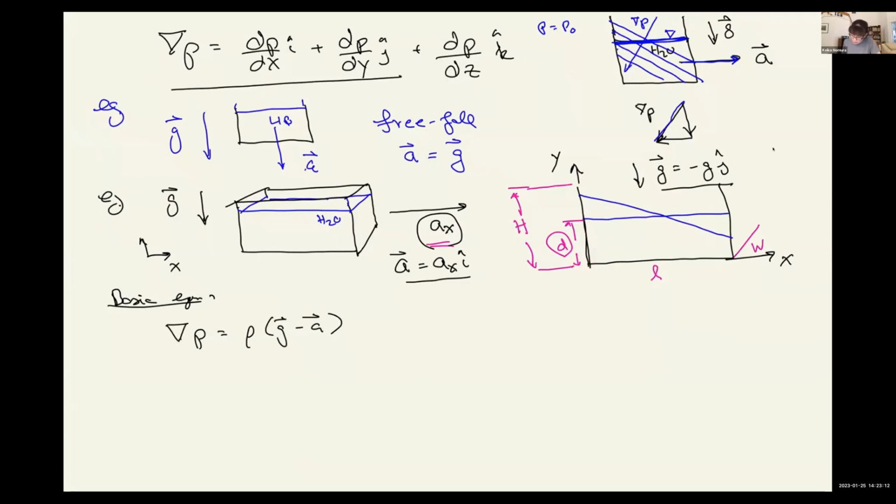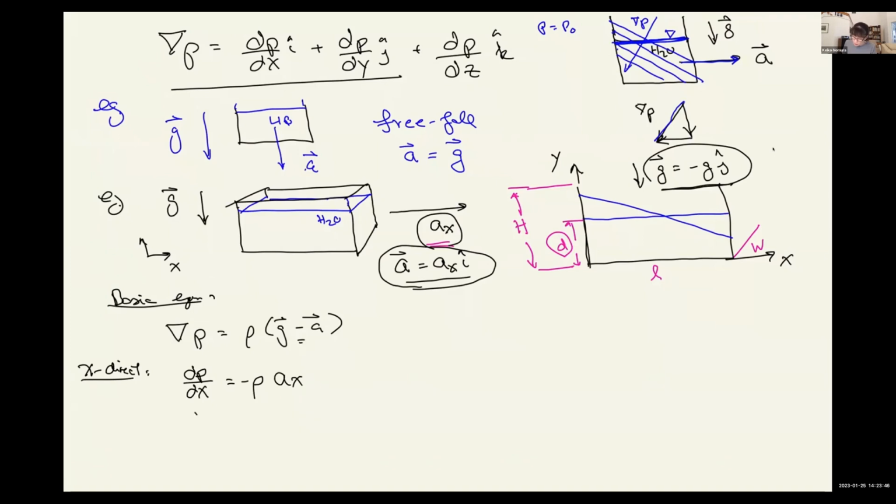So we consider the components. In the X direction, we have our partial P, partial X. And on the right-hand side, because we only have the acceleration in the x direction, since gravity is in the y direction, then we're only going to have rho, and there's the negative sign here, minus rho a_x.